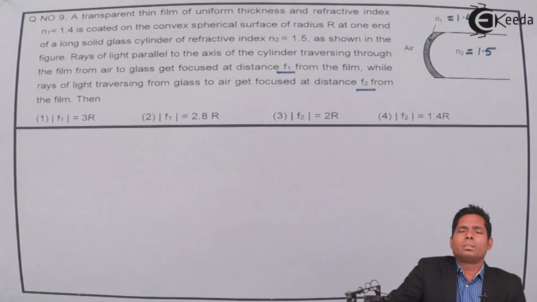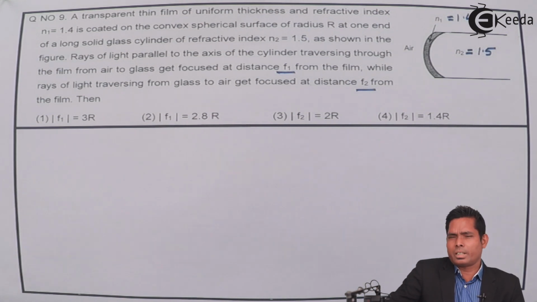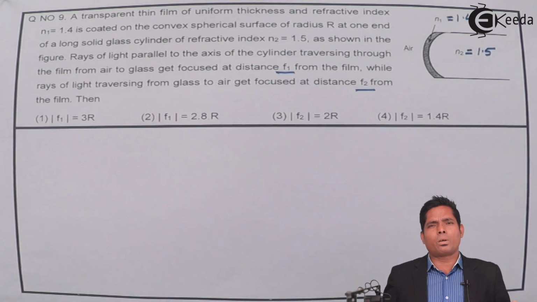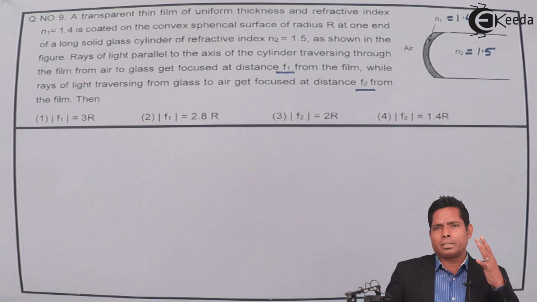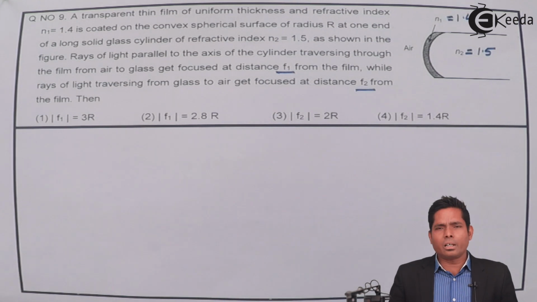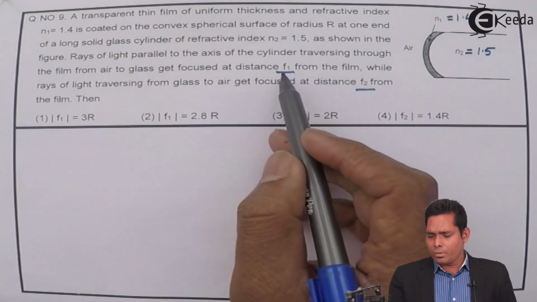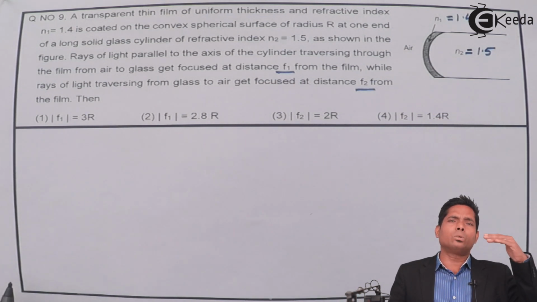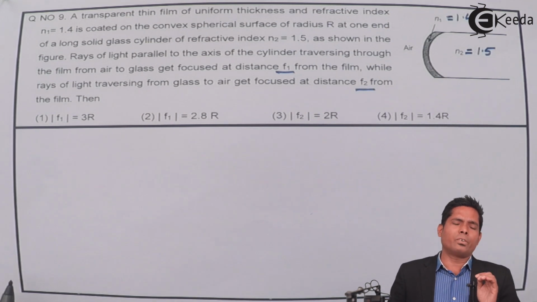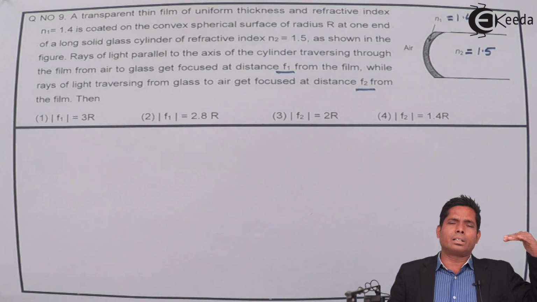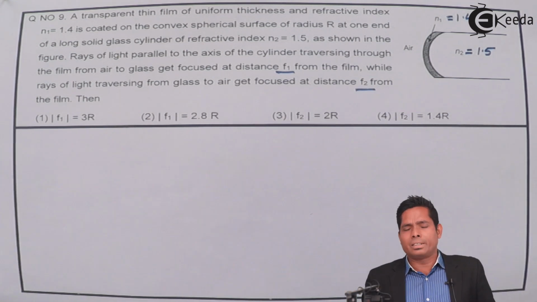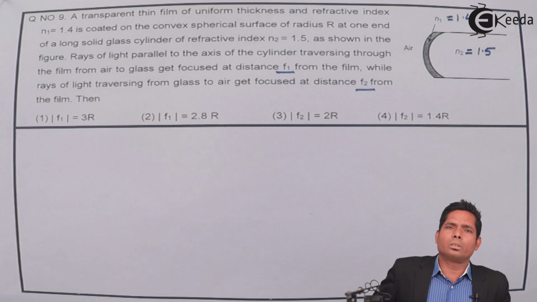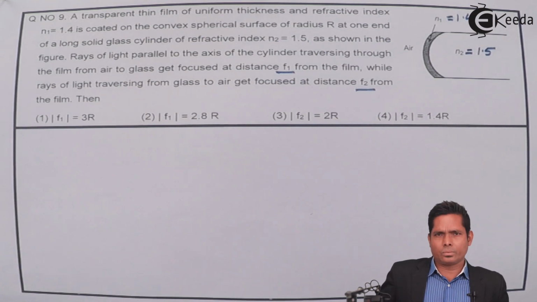We must remember that these f1 and f2 are the images formed respectively when the ray moves from air to glass or glass to air. So we'll consider the first case, that is for f1, when the ray of light is traveling parallel to the principal axis of the cylindrical shape or convex-faced surface, and gets focused inside the glass cylinder.